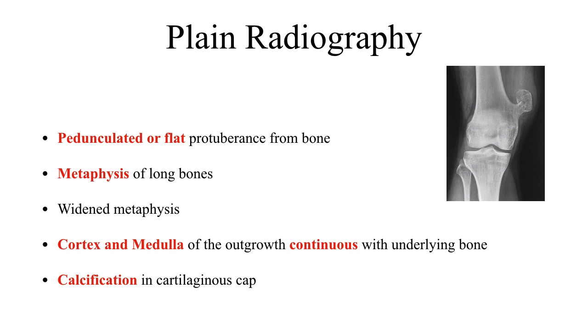The cortex and the medullary cavity of this exostosis will be continuous with the underlying bone, like which we have seen before, and there can be calcifications in the cartilaginous cap.